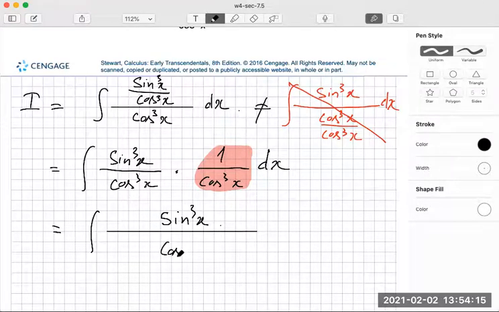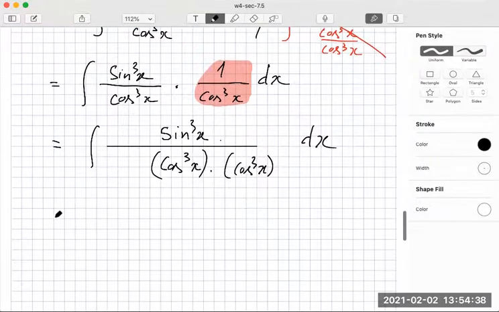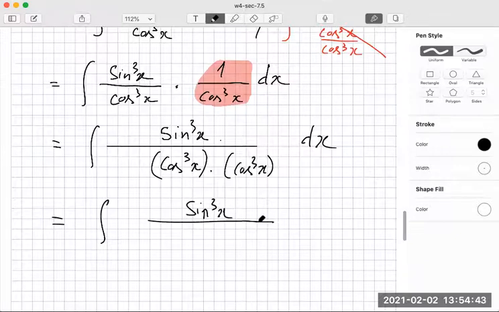It will be cosine cube x multiplied with cosine cube x, and it becomes cosine to the 6. If you do the sum, then it will be 2 cosine cube, which is totally different. Okay, careful. That is a good question anyway. So then we can write the integral of sine cube x divided by cosine to the 6 x dx. Okay. Now, do you have any idea how to solve it?